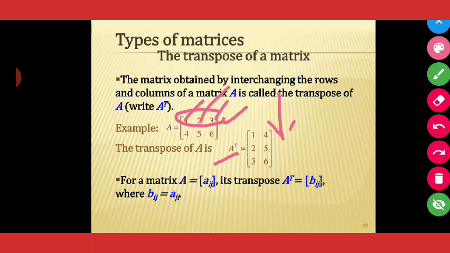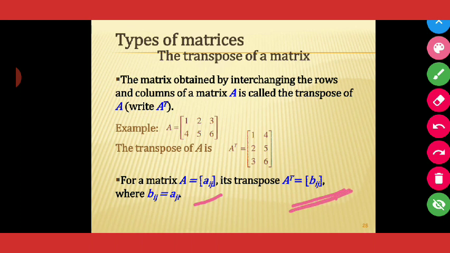Then 1, 2, 3 is written in the first column, and 4, 5, 6 is written in the second column. Okay. Then in general, a matrix A equal to Aij, its transpose is written as Bij, where Bij equal to Aji, means you have to interchange row and column.